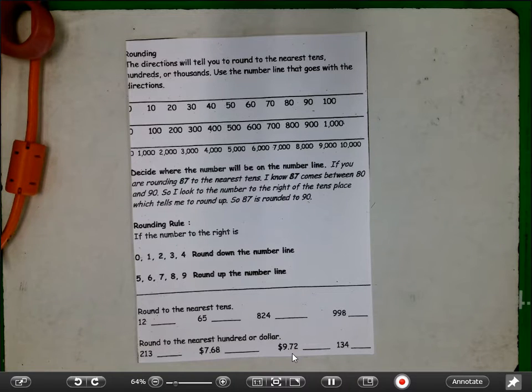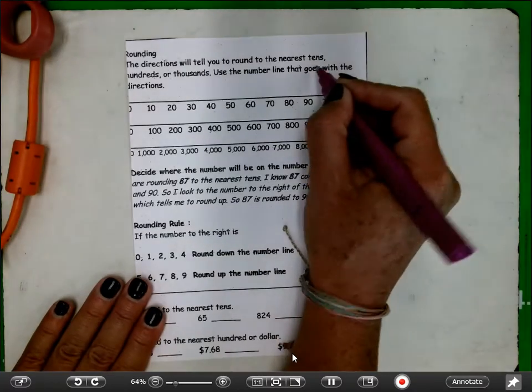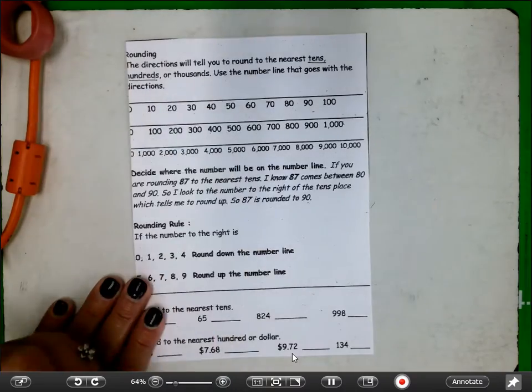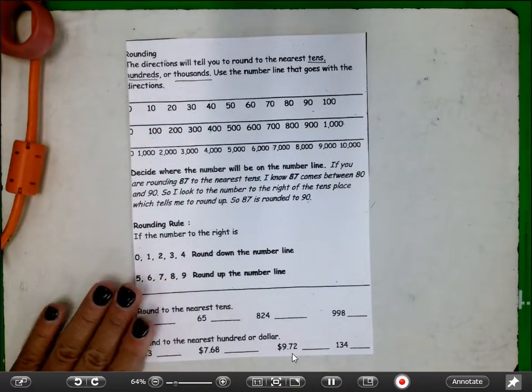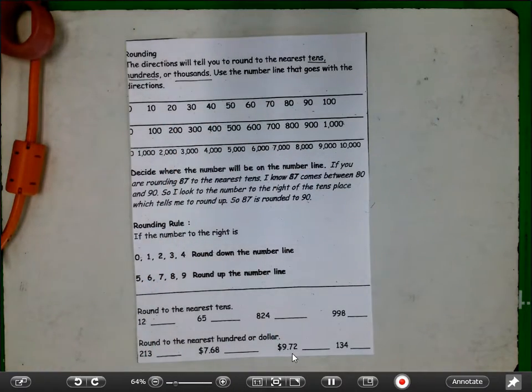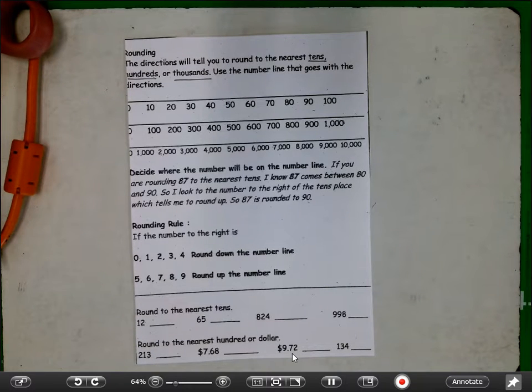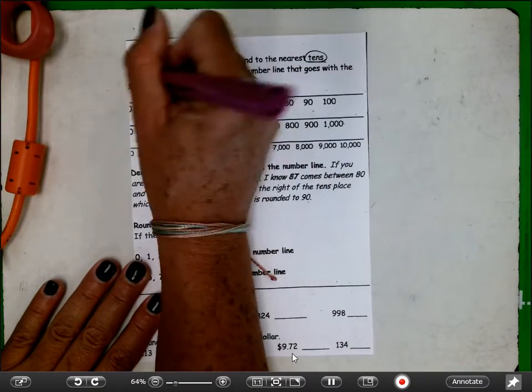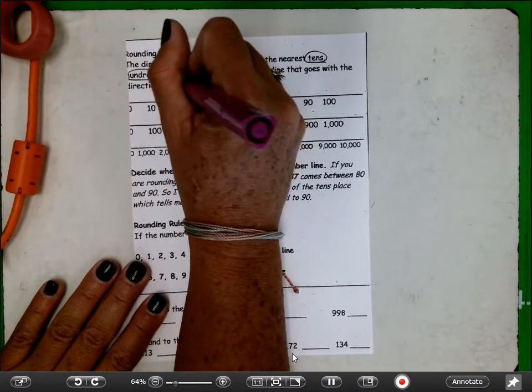It says rounding. The directions will tell you to round to the nearest tens, hundreds, or thousands. Why are those directions really important when you're rounding? Why is it important to read the directions and see if it says tens, hundreds, or thousands?